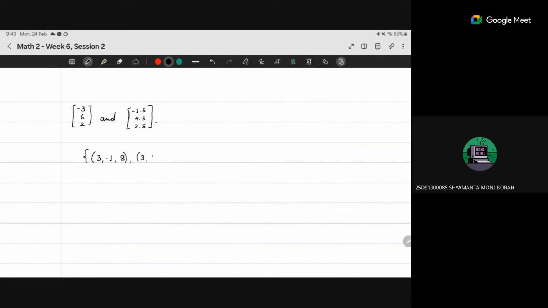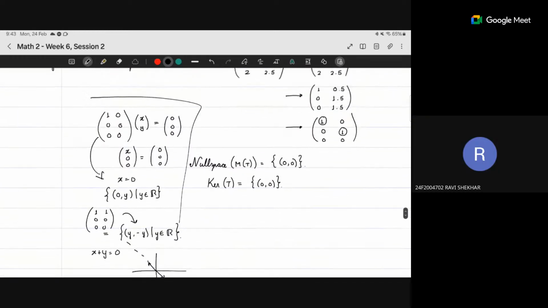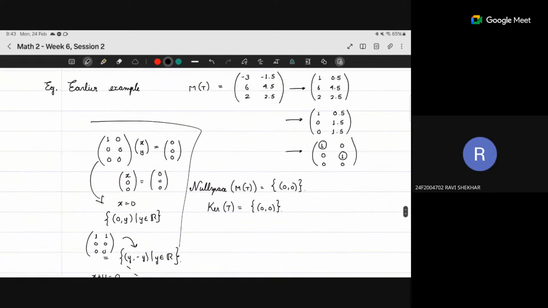Yes, 317 is a basis for the image of T. Even though I have not given an explicit example for constructing the basis for the kernel, from this point it should be clear how to do it. If in 15 minutes we can cover that problem, we'll do that.